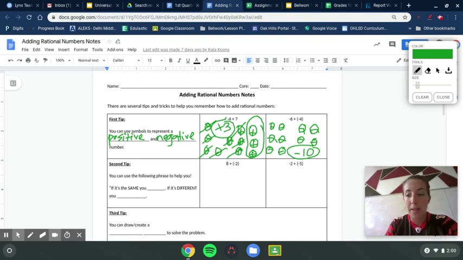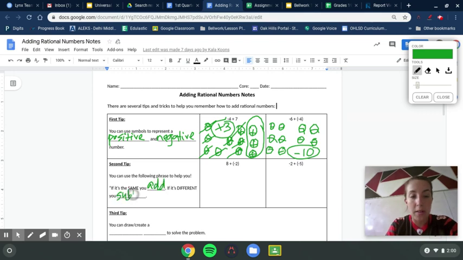Your second tip, it says that you can use the following phrase to help you. If it's the same, you add, and if it's different, you subtract. Okay? And what it means by that is when you're adding these two numbers together, if they have the same sign, meaning they're both positive or they're both negative, you're going to add the value together.